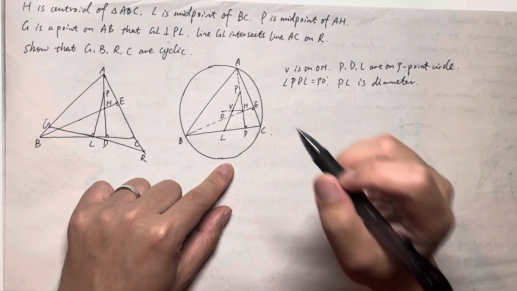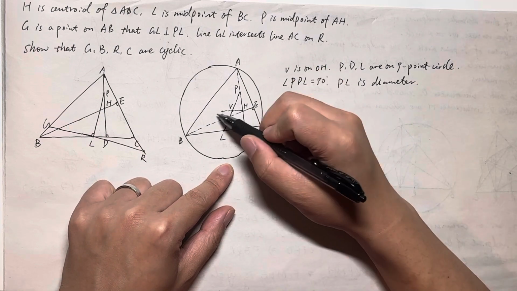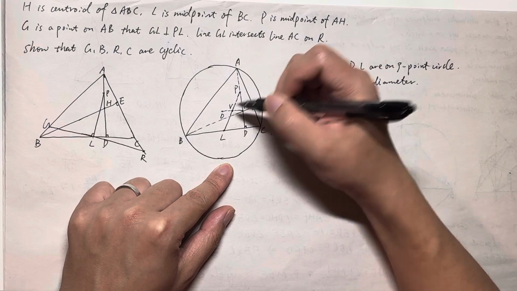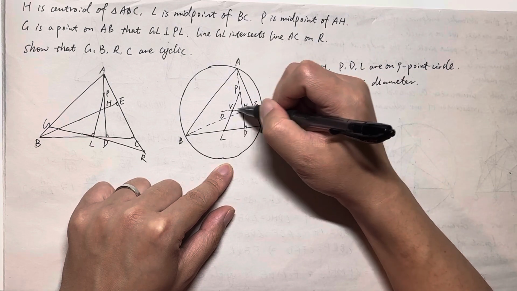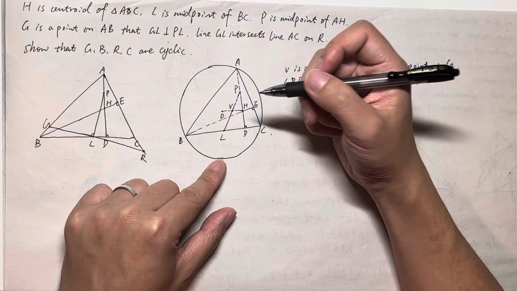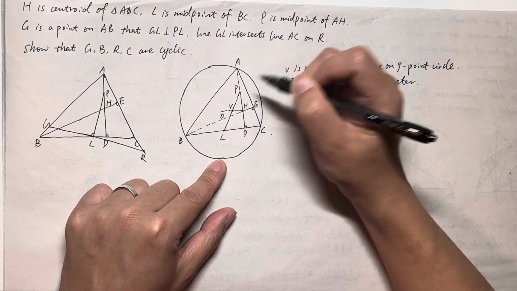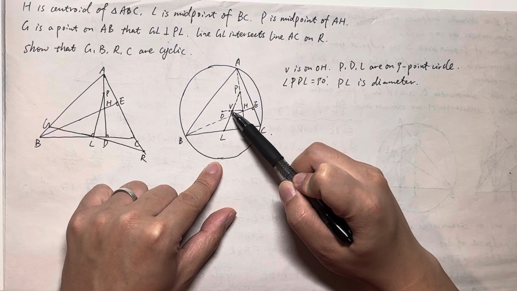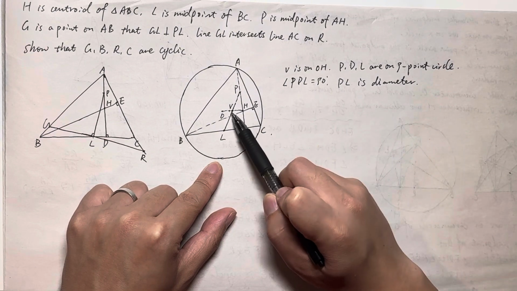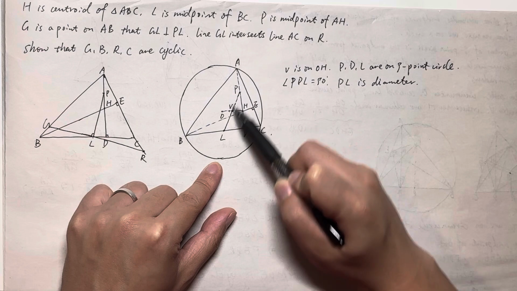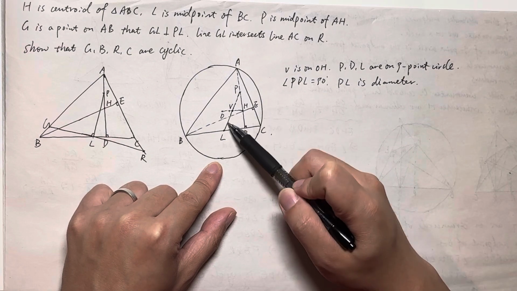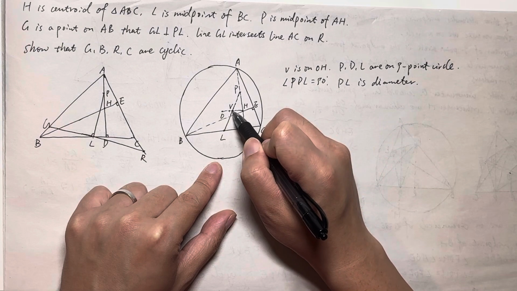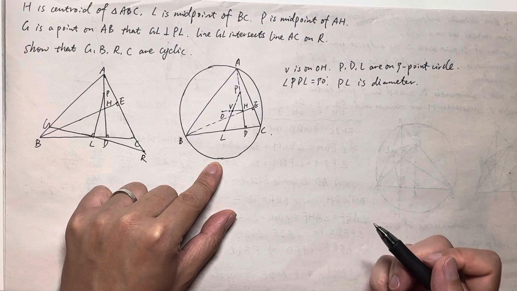Because if we assume that there is another point on OH that's actually the midpoint, then this midpoint has to be on PL as well, because PL is a diameter. That's why the intersection point would be the center of the 9-point circle.